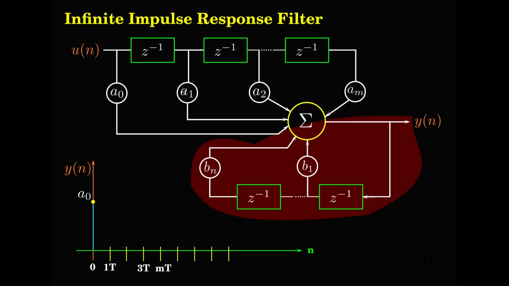So this impulse into A1 will come in here. But whatever the previous output was would have shifted here. The previous output was A0. So A0 value into B1 value will also come and add up here.